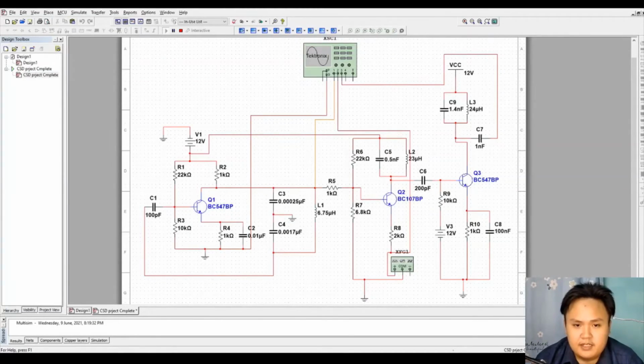Function generator 1 is used to generate the 2.5 kHz frequency and also 12.5 volt peak to peak, because the Colpitts oscillator I mentioned just now uses a 12 volt supply. This message frequency is also connected to the AM modulator.